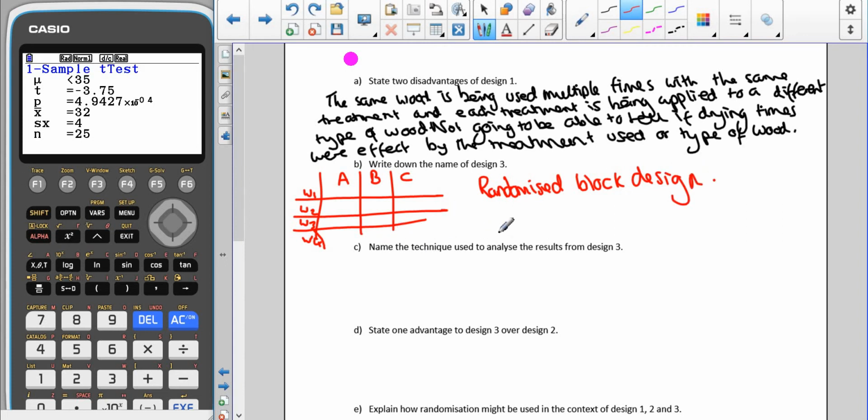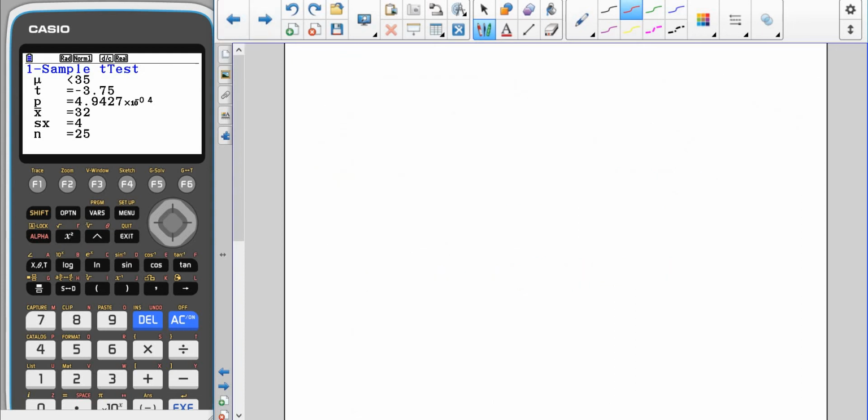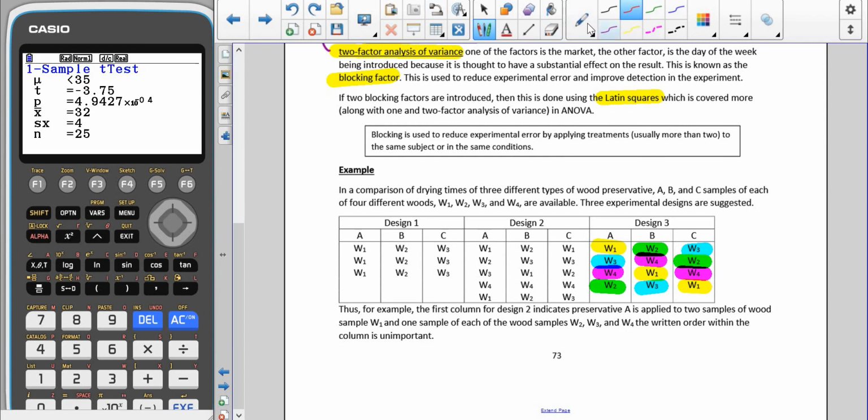So then we're trying to name the technique used to analyze design 3. So that would be a 2-factor analysis of variance. So then we're stating one advantage to design 3 over design 2. So if we have a quick look back again, in design 2 we have wood 1 having treatment A applied twice, B applied once, C applied once.